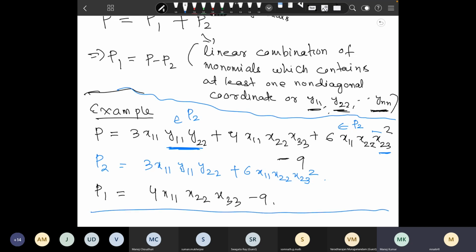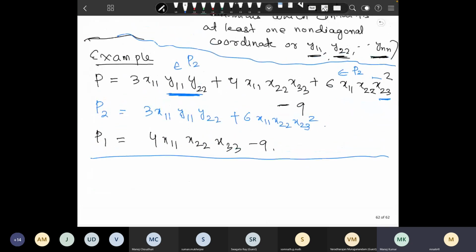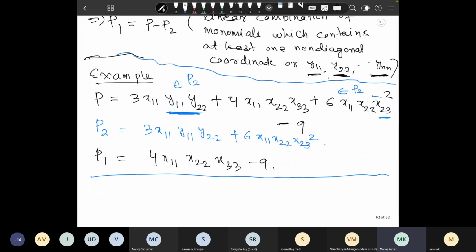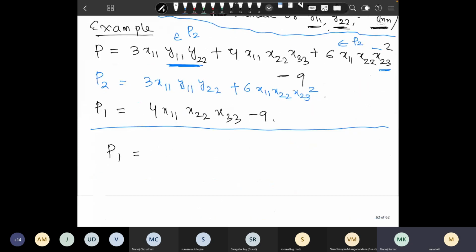So that means if you give the description of P1, then P1 will explicitly be a polynomial in the real diagonal elements. P1 is a polynomial in x11, x22, xnn. This is clear.